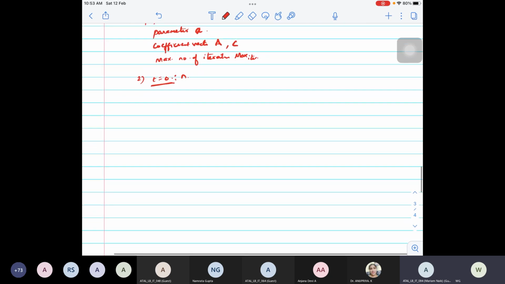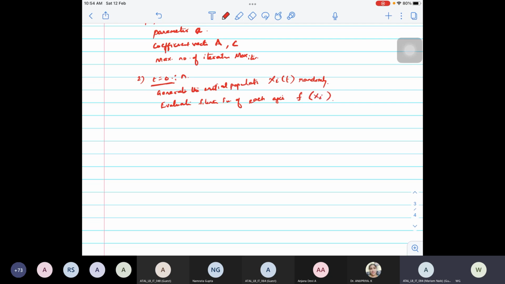So you generate the initial population xi of t randomly, and you also evaluate the fitness function of each agent, using a function f, to find f of xi, right?